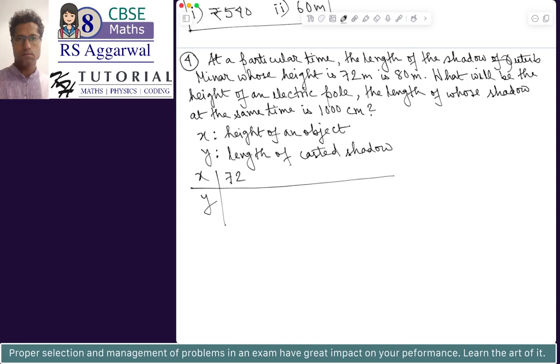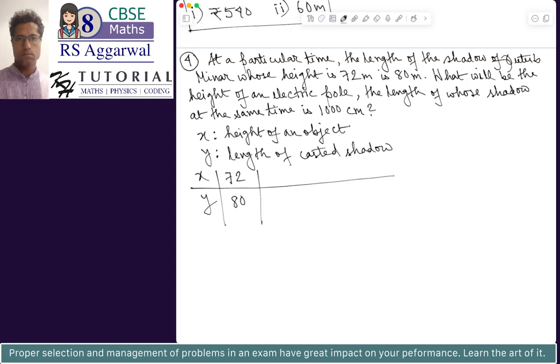It is about the Qutub Minar. It is given that the height of the Qutub Minar is 72 meter, and at that particular time, the length of its casted shadow is 80 meter. So we have the data 72 as x and 80 as y.